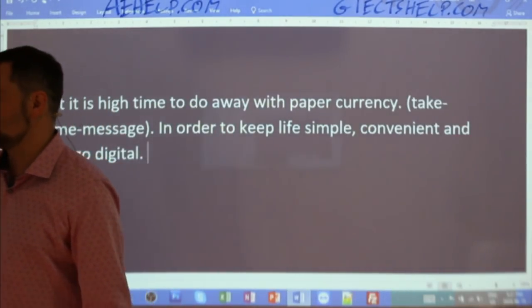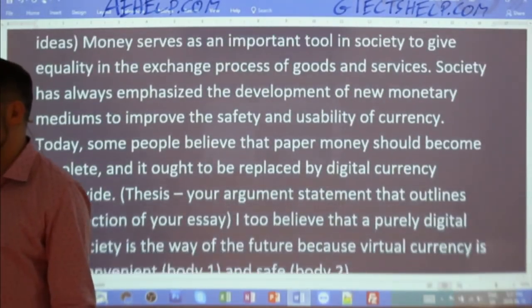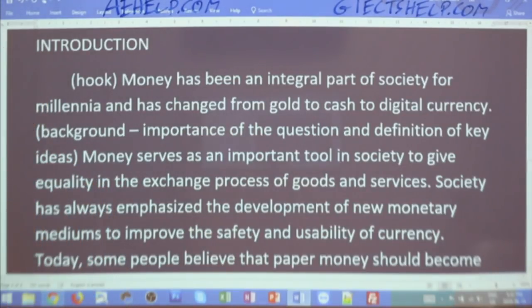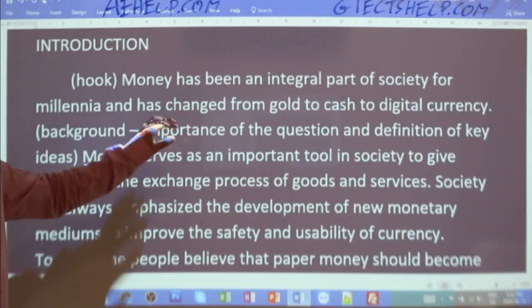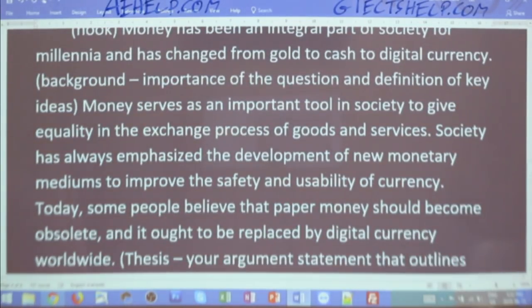All right, girls and guys, let's review the essay from the beginning. Let's read it over, make sure it makes sense, make sure it's of high quality, make sure we can get that IELTS band 7.5 at least. Money has been an integral part of society for millennia and has changed from gold to cash to digital currency.